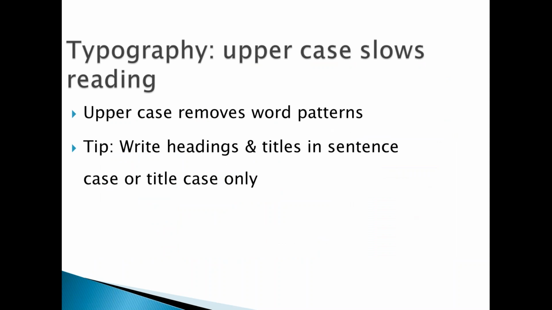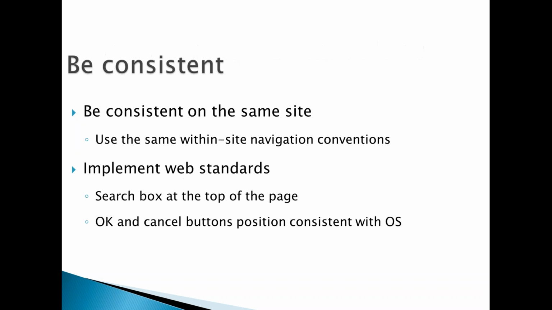Typically what we find is users come to websites and they skim the content of the website. So they don't read word for word, they skim around or they speed read. And so if you're using uppercase letters throughout the site, it really removes those word patterns and slows down the reading of the user. So write headings and titles in sentence case or title case only.